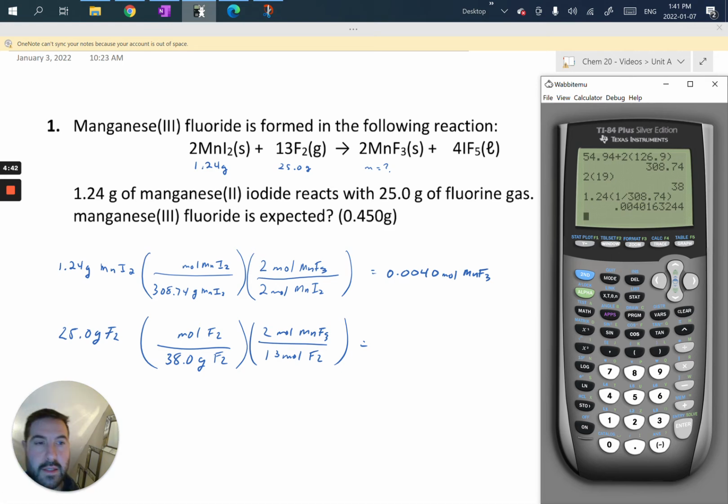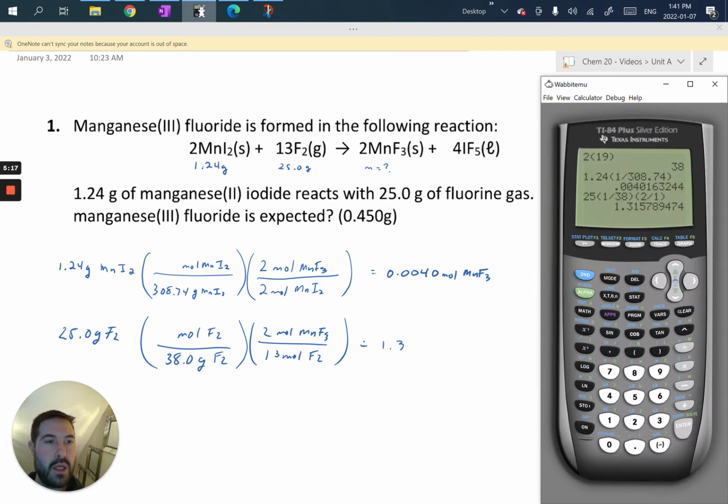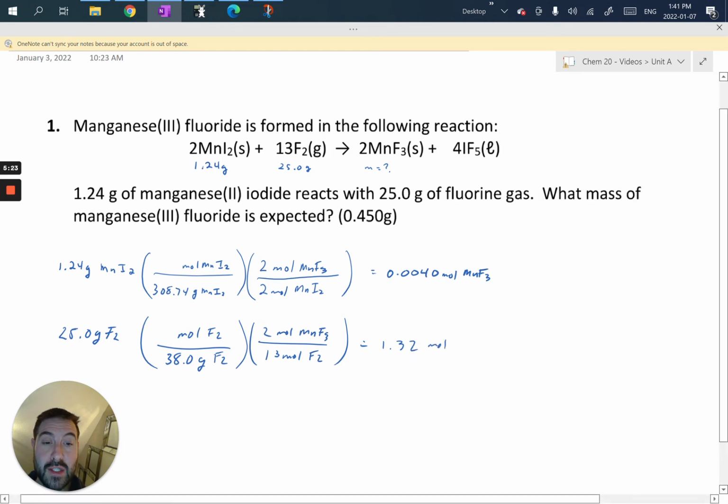So let's calculate this. 25 times 1 over 38, times 2 over 3. There's multiple ways to put this in your calculator too. You could do each step and press equals, or you can use the divide symbol instead of multiplying by fractions. The answer that I get here is 1.32. It doesn't really matter because this is our excess.